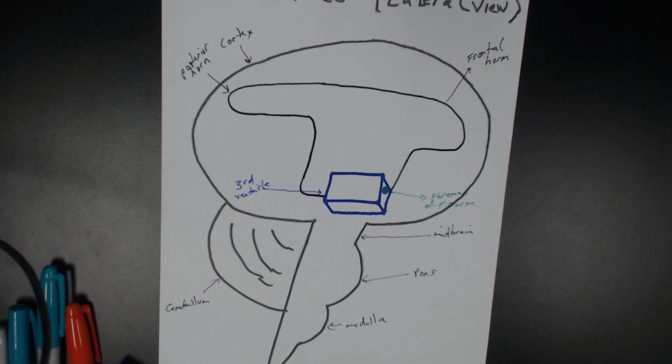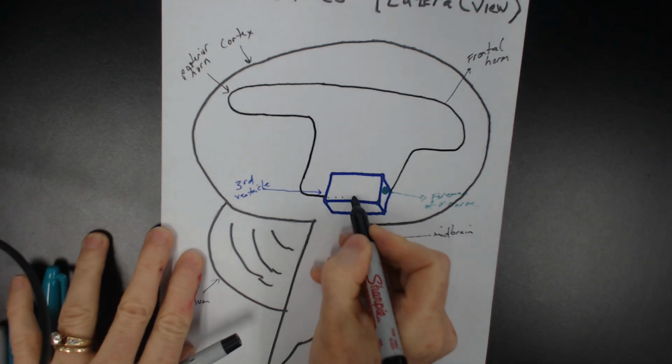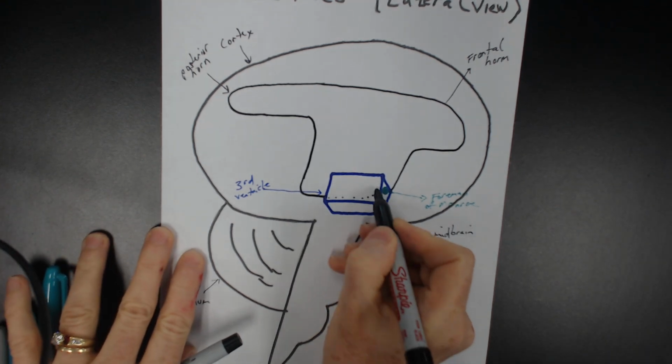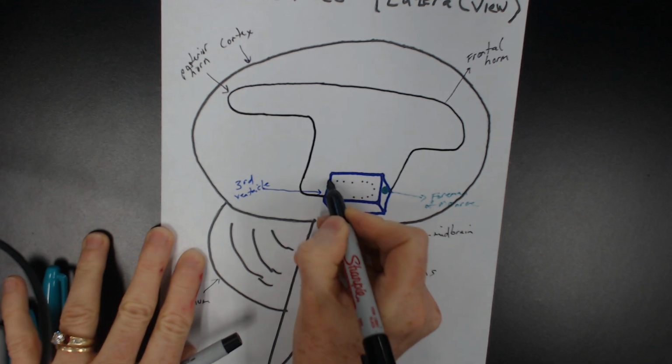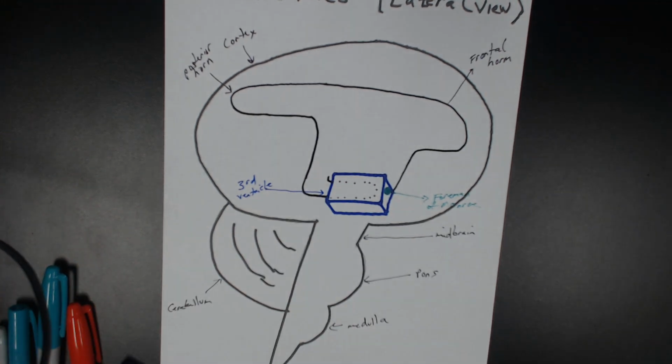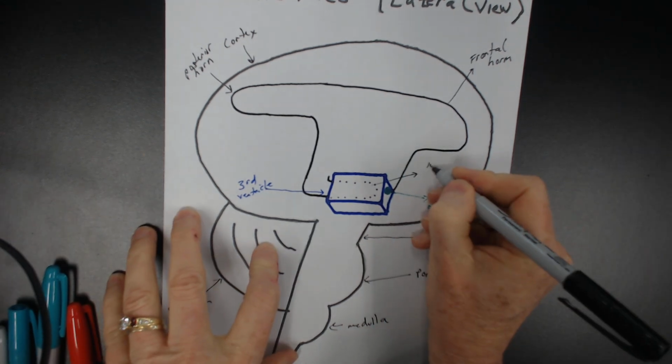I'm going to try and represent that with a dashed line. This dashed line means nothing more than that this horn is on the opposite side. I'll have it come out there. That's going to be your inferior horn, the inferior horn of the lateral ventricle.